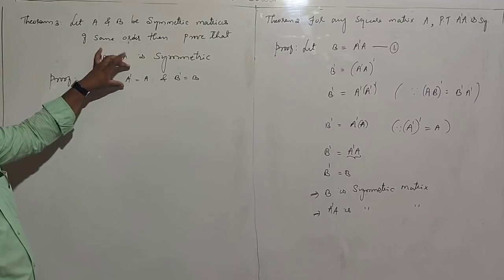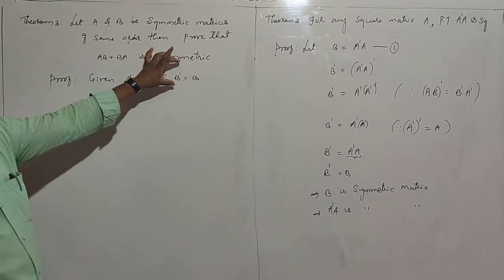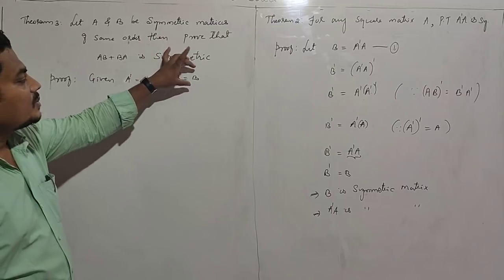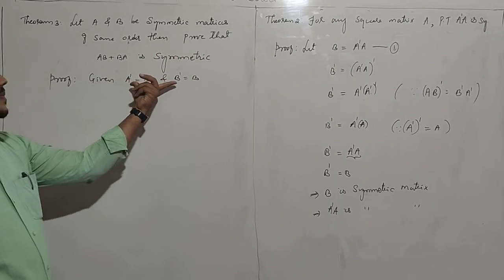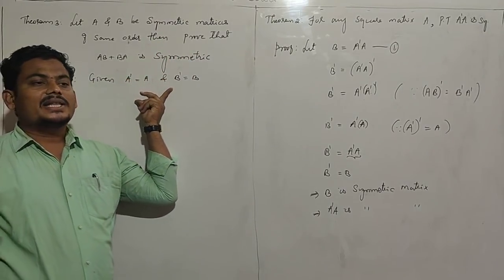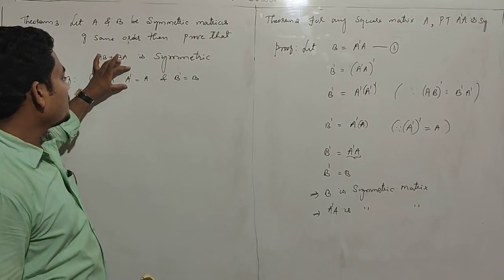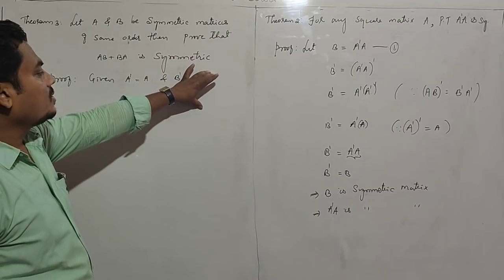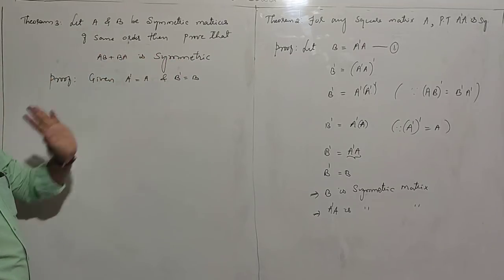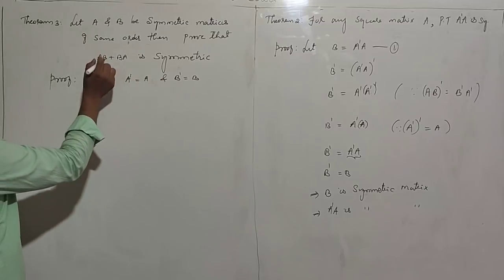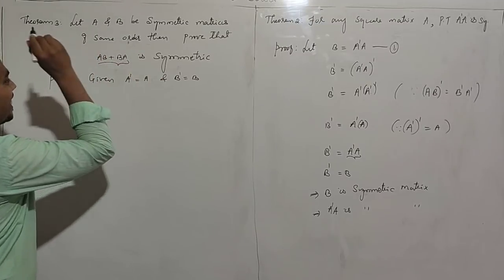If A is symmetric, then A transpose equal to A. Suppose B is symmetric, then B transpose equal to B. It is from the given data. Given that both A and B are symmetric matrices, so A transpose equal to A and B transpose equal to B. Now we need to prove AB plus BA is symmetric.